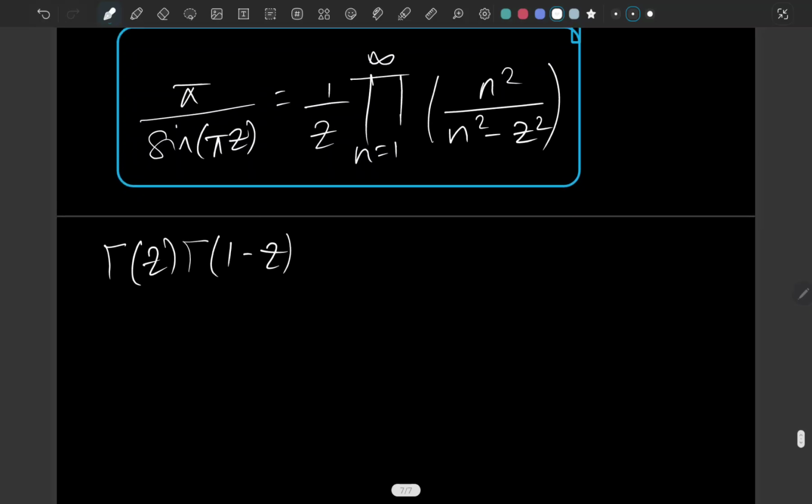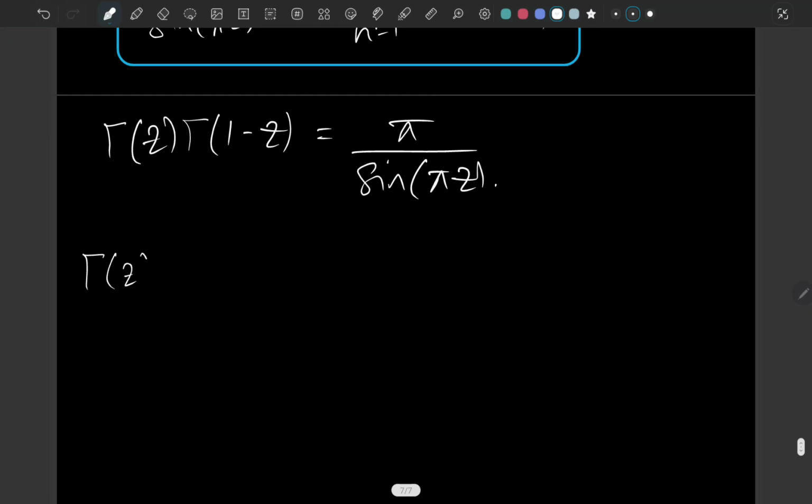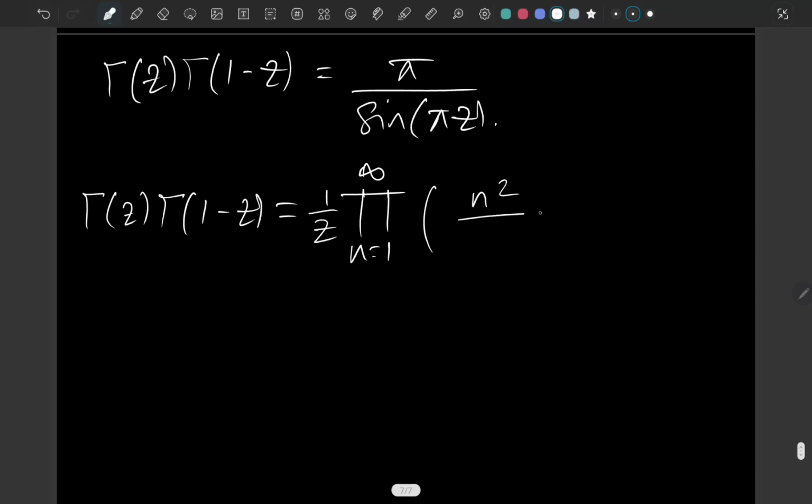And hence from here we can say that if this is equal to pi over sine pi z, then gamma of z times gamma of 1 minus z equals, oh I'm sorry, I should have taken the factor of 1 over z at front, 1 over z times the product as n goes from 1 to infinity of n squared over n squared minus z squared.